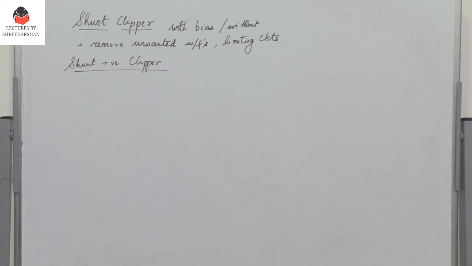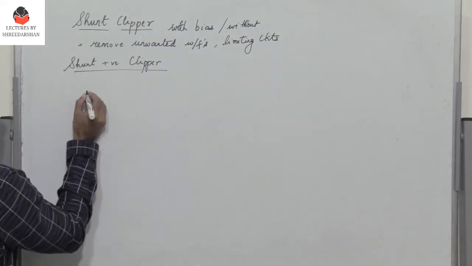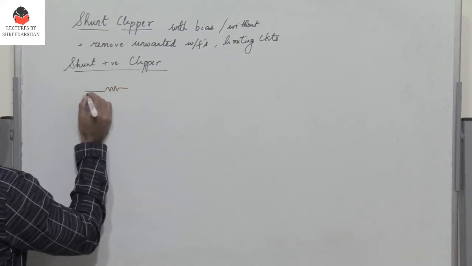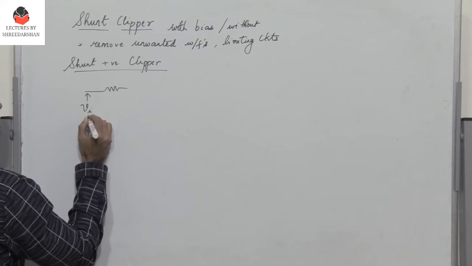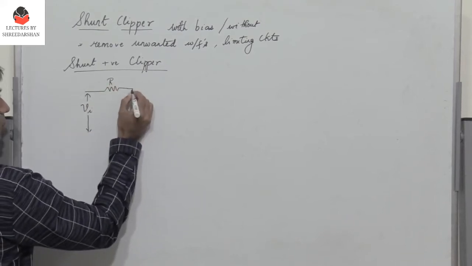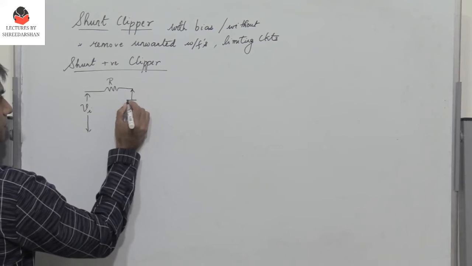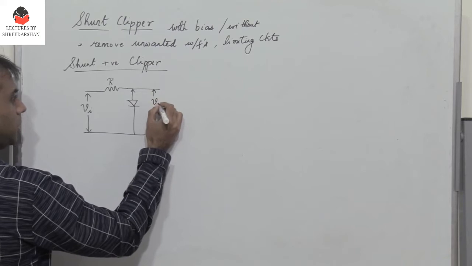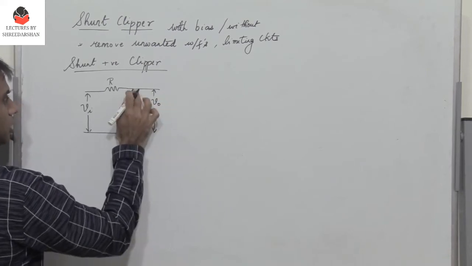Now before I proceed, there are a few things which we need to remember. Now if I draw a shunt positive clipper, I have the input voltage which is applied across a resistance R, and then we have connected a diode, and the voltage is measured across the diode here.